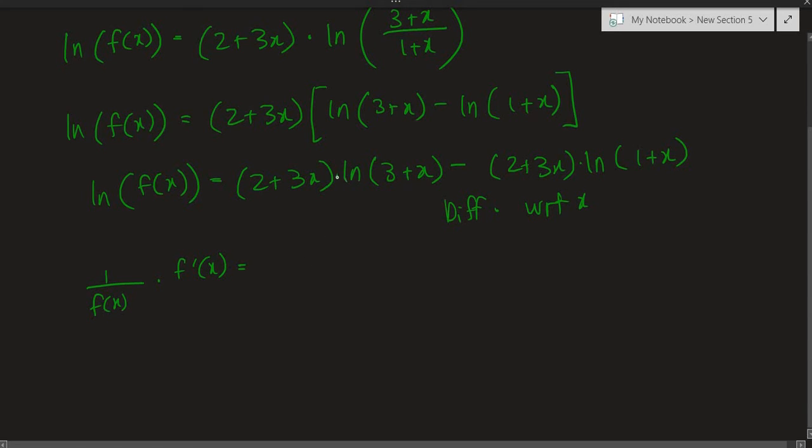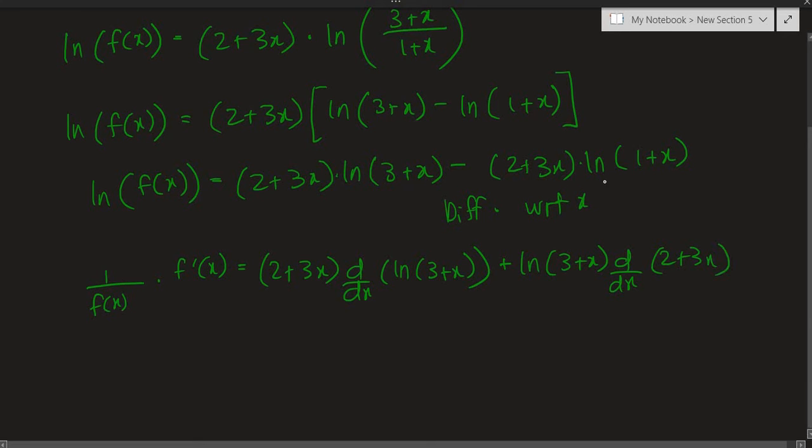And here we have to use the product rule. So we make 2 plus 3x wait while we differentiate natural log of 3 plus x, and we're making the natural log of 3 plus x wait while we differentiate 2 plus 3x.